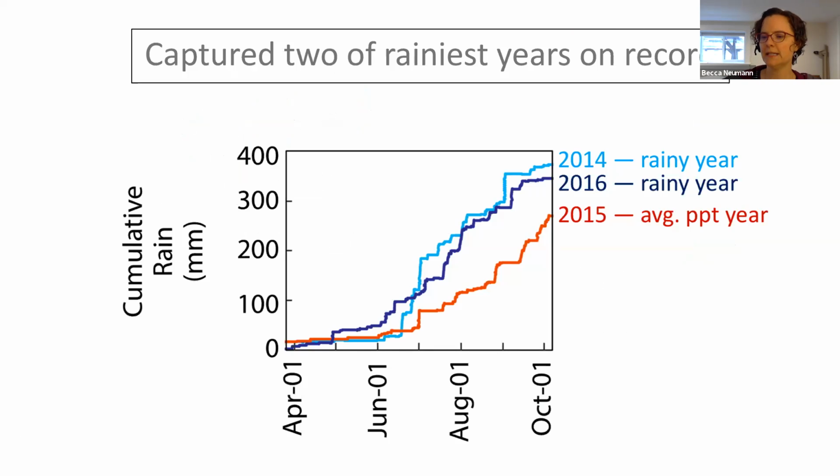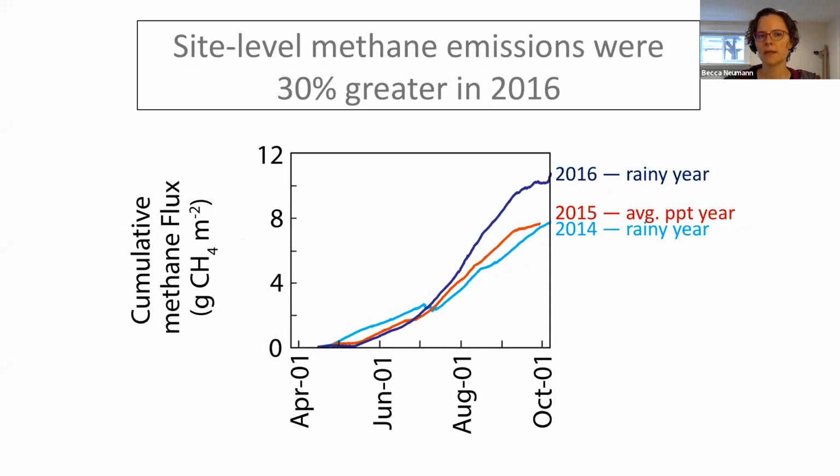So 2015 was an average precipitation year, and then the year preceding that, 2014, and the year following that, 2016, were 2 of the most rainy years on record. We ended up seeing in one of these rainy years, 2016, that site level methane emissions increased by about 30%.